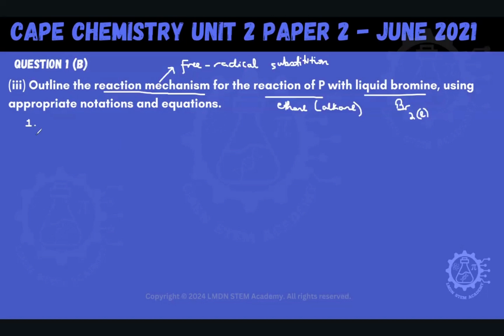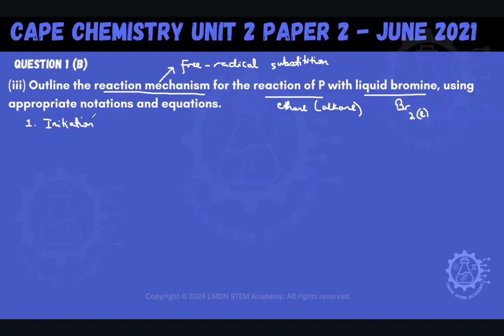Step 1: whenever we're doing any free radical substitution, there are 3 steps that it has to follow. The first step is known as initiation. Initiation, that's how the whole thing is going to get started. So we need to have our initiation step.